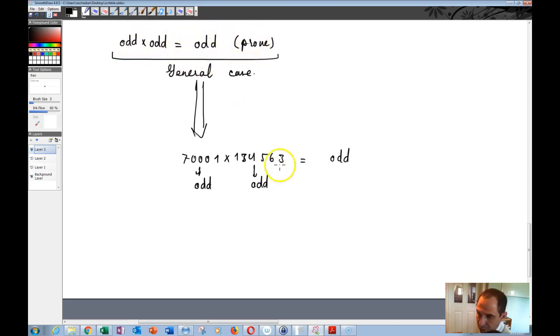So since this is a special case of this more general case, I can conclude without multiplication that the product of these two numbers is actually an odd number, and that would also be a case of deductive reasoning.